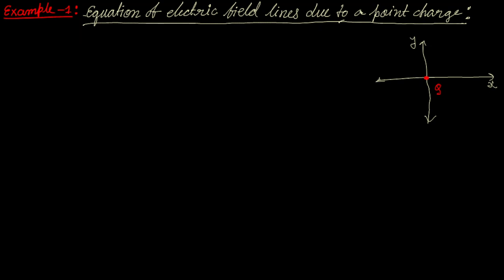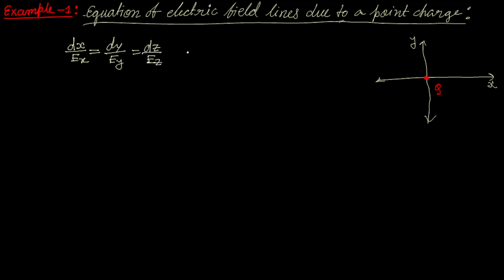For that we know the differential equations of electric field lines. What is the differential equation? dx divided by Ex is equal to dy divided by Ey is equal to dz divided by Ez.